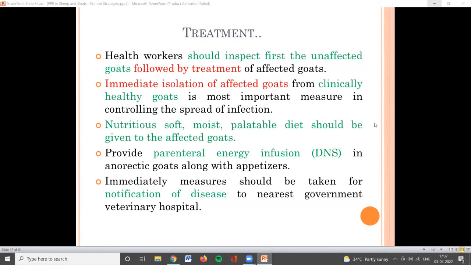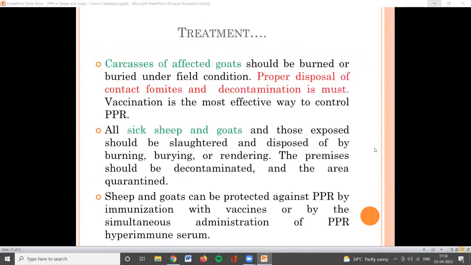Nutritious, soft, moist, and palatable diet should be given to the affected goats. Provide intravenous energy infusions in the anorectic goat or sheep along with appetizers. Immediately notify the disease to the nearest government hospital. Carcasses of the affected goats should be burned or buried under field conditions.